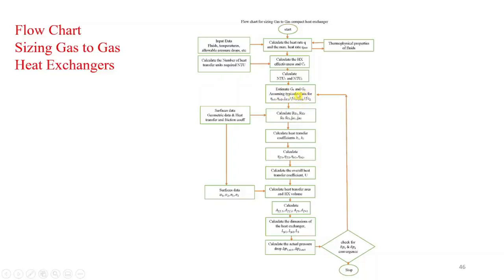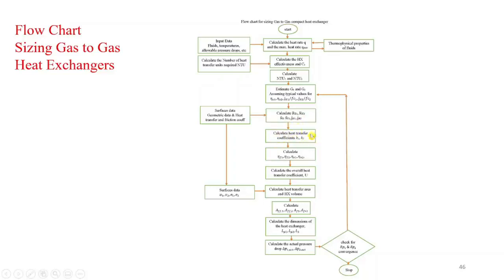Once G1 and G2 are known, we go to the next step where you find the Reynolds number, and from Reynolds number 1 and Reynolds number 2 and the geometrical data and the heat transfer and friction coefficient data, we can find the friction and the heat transfer coefficient in terms of Colburn modulus, which are JH1 and JH2.